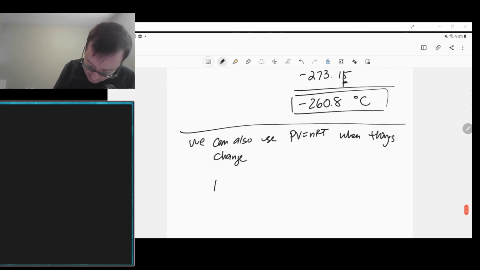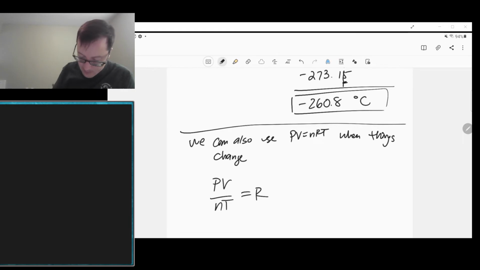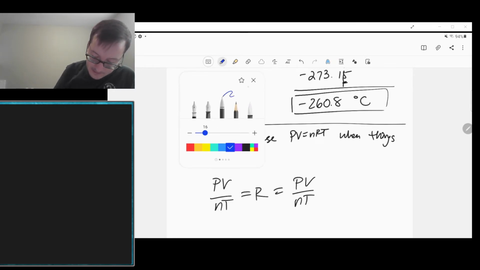Since we know that PV over NT is equal to R, and we know that R is equal to PV over NT for anything else, remember the identity of gas doesn't matter. It's constant. It's universal.